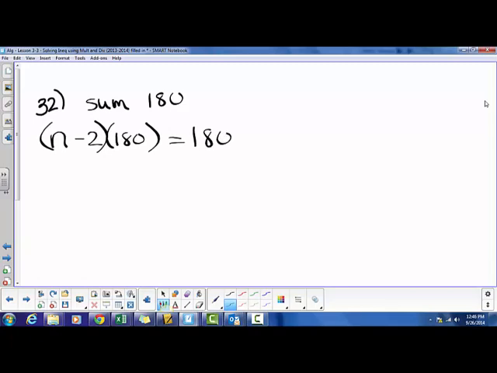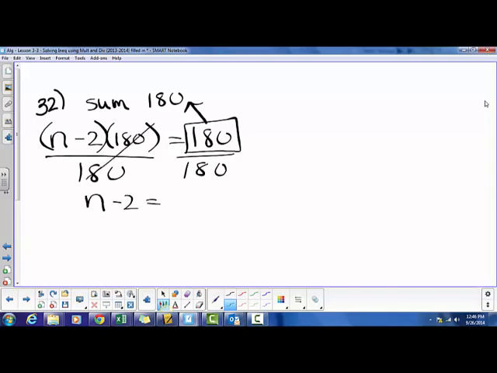That's what we're told, because this right here is the sum of the angles. So if I divide both sides by 180, I get that n minus 2 equals 1. Add 2 to both sides. So n equals 3. And that's what I'm trying to find. How many sides does this shape have? This shape has 3 sides. What kind of a shape is that? It's a triangle.